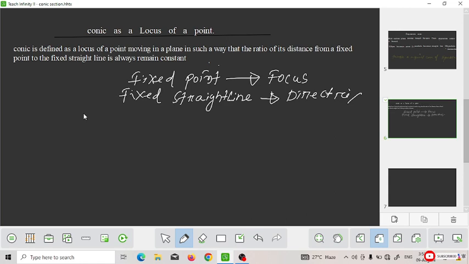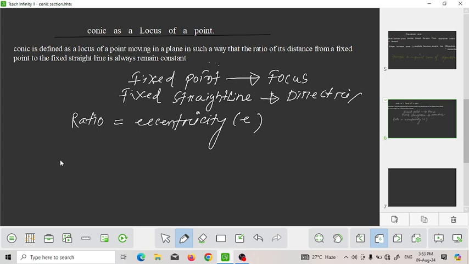And the ratio of these two terms, that means the distance of the point from the focus to the distance of the point from the directrix, is called eccentricity. It is denoted by e.